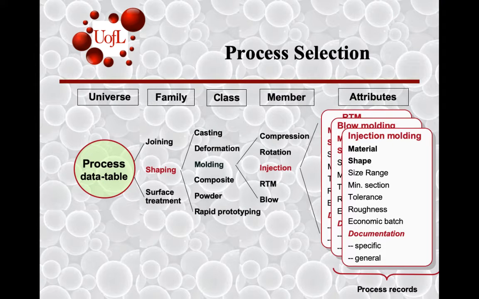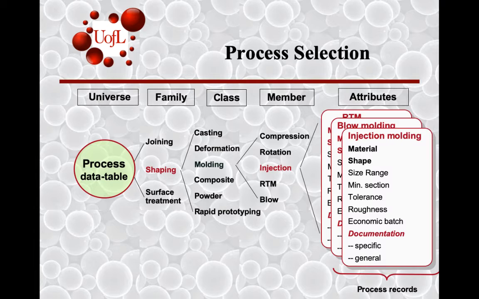Within that, you can then specify things like what shape we want, and what constraints based on size, section thickness, tolerance, roughness, and quantity. You can produce the same shape by multiple methods, but the quantities might vary. The maximum size, the minimum size, or the feature size could all be different, and the precision you can manufacture to can also be quite different.